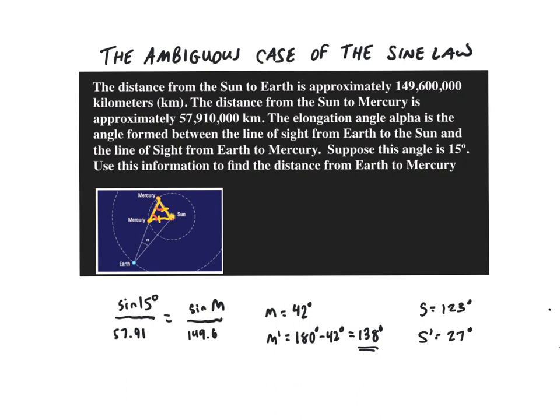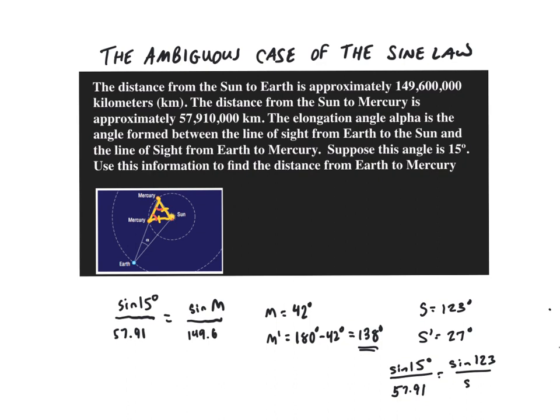Now what I can finally do to finish this problem is to set up a law of sines problem all over again, where the sine of 15 degrees over the distance from the Sun to Mercury, which was 57.91 million kilometers, is equal to sine of the two different angles that I have, 123 degrees over the possible length from the Earth to Mercury.